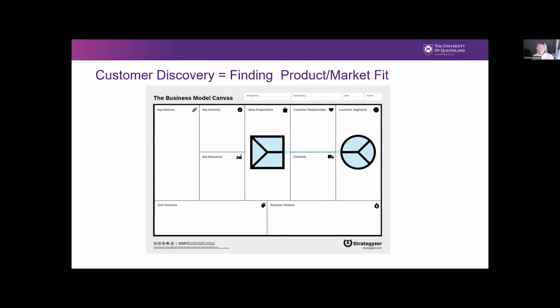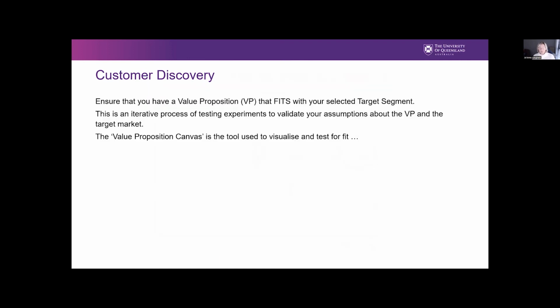By aligning those two, you can actually see if you've got a product market fit. Use the value proposition canvas to ensure that your value proposition is appropriate for the target segment. And it's an iterative process of testing experiments to ensure that you've understood the assumptions and whether they're valid or not.